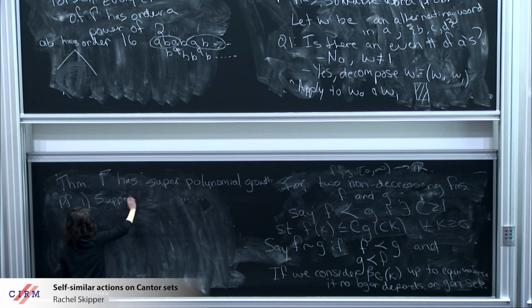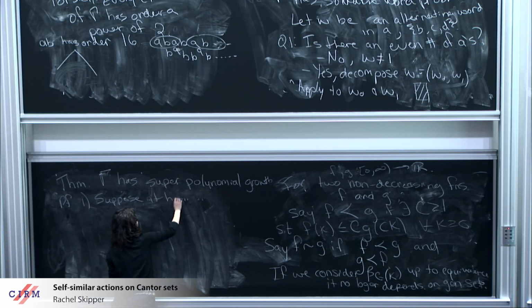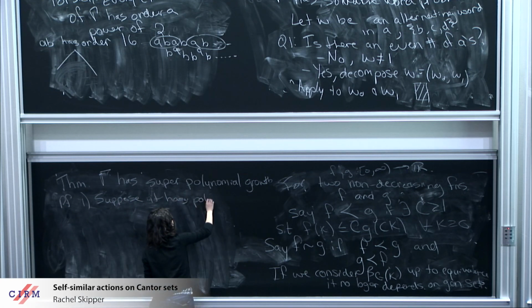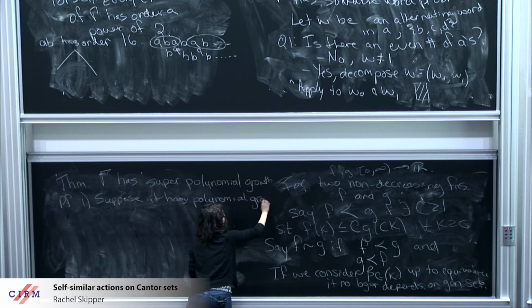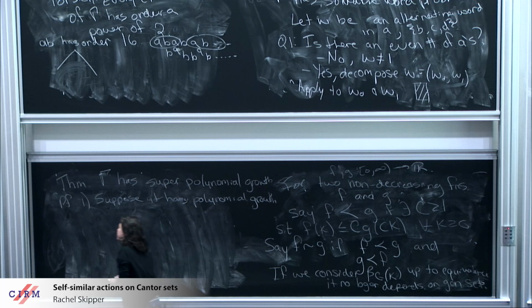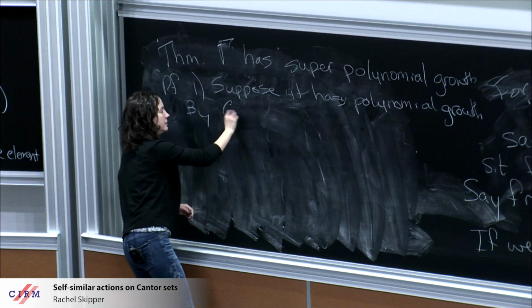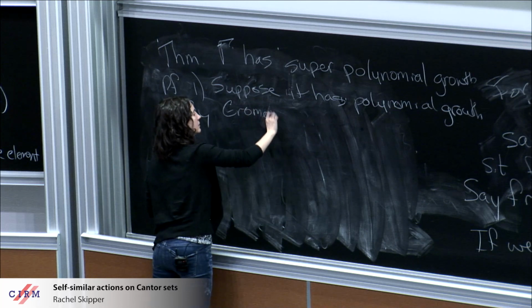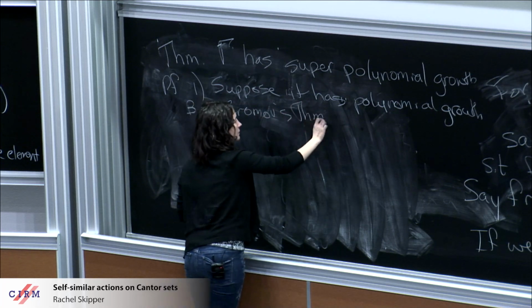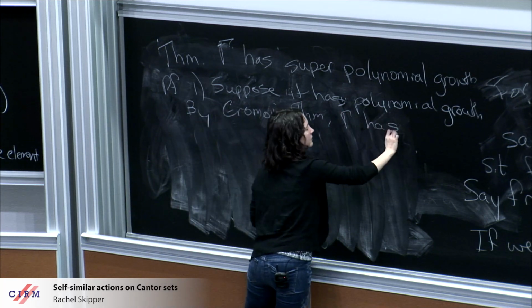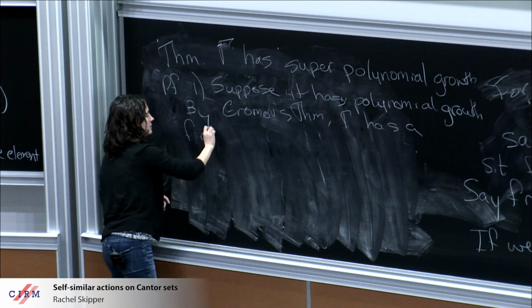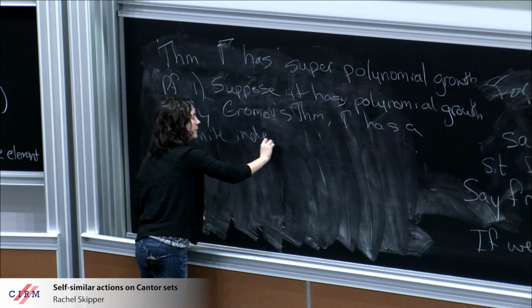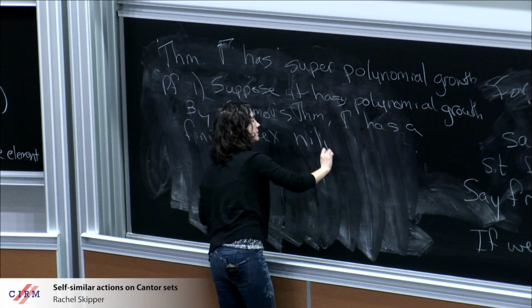Suppose it has polynomial growth. By Gromov's theorem, we have a finite index nilpotent subgroup.